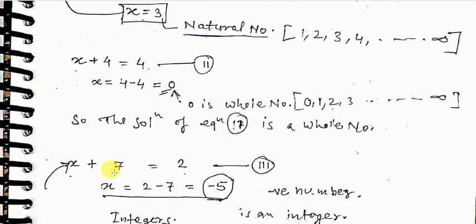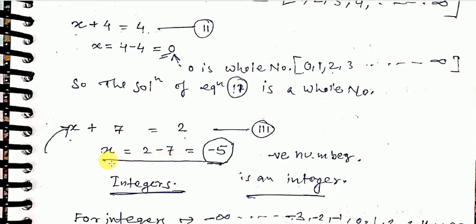Similarly, if we take another equation like x plus 7 is equal to 2, if we solve this, we get x is equal to minus 5, which is a negative number. As we know, negative numbers come in the category of integers.